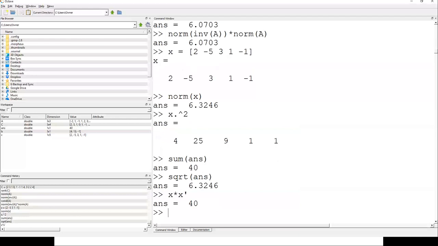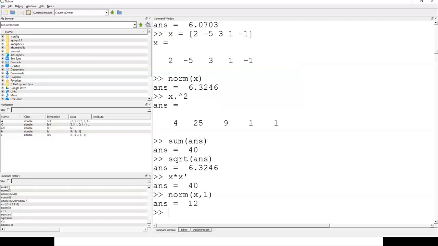So that's the norm. The standard norm is the 2 norm. Now, what did I do here? When I put this number, I tell which norm I want it to be. If I leave it blank, it's understood to be 2.